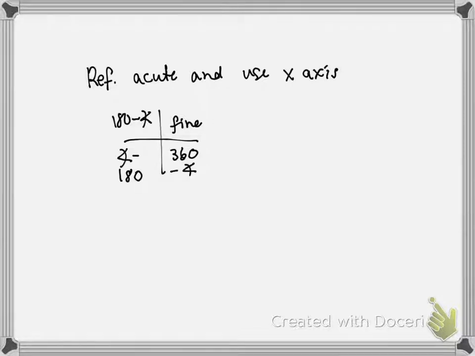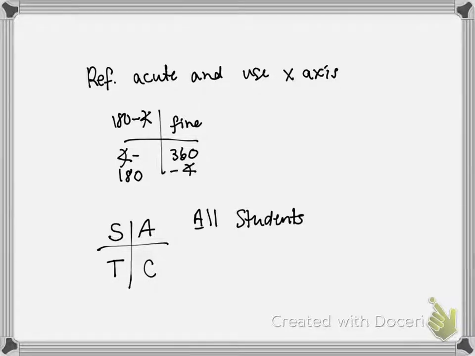And the other thing we learned in here was which functions are positive and negative where. So there was a mnemonic device. All students take calculus. So that's a mnemonic device. The A stands for all functions.